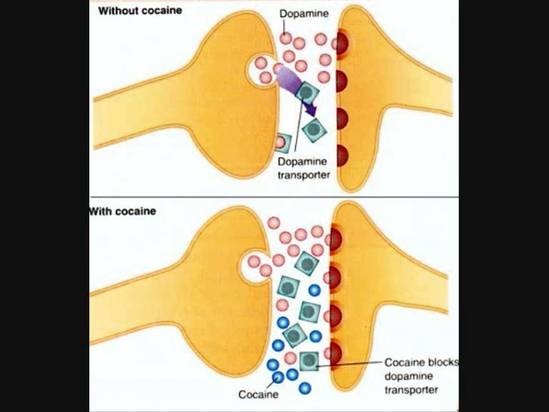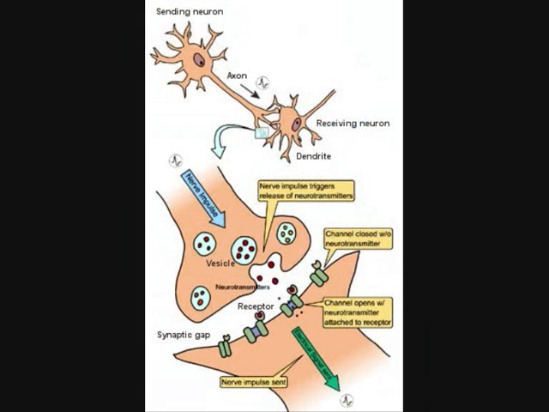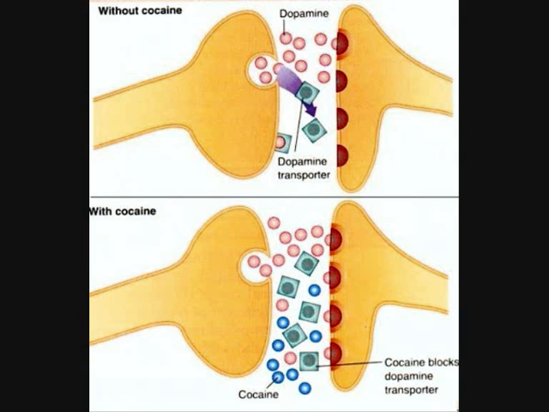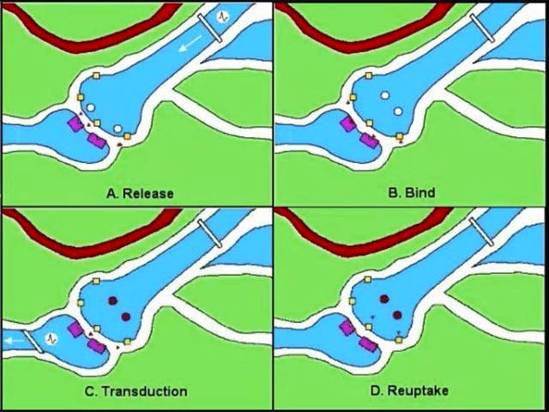Here you can see how it happens. This is the release function. The first is the release. Then whatever is released has to get bound. This is the binding stage. And then there is a transduction, and finally reuptake.